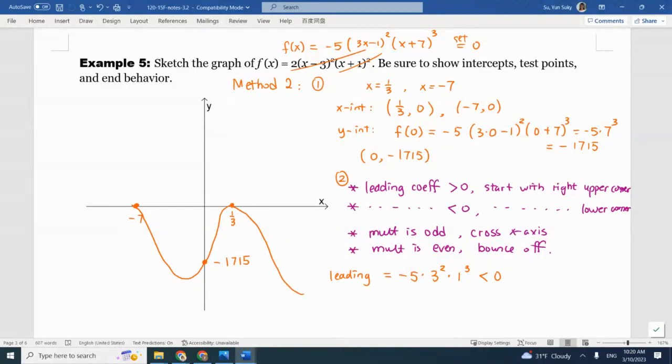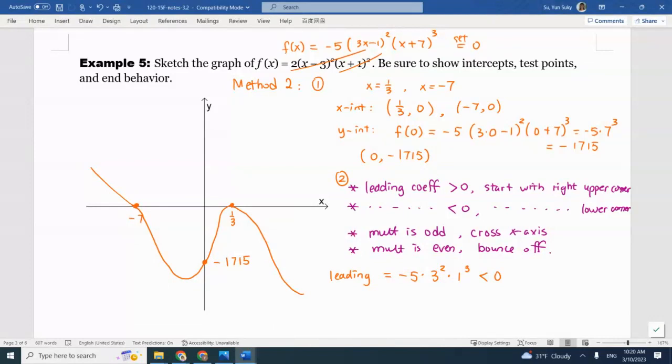Okay. How about -7? -7 corresponds to the factor x plus 7. So do we bounce up or cross? Cross. Yes. So we cross it like that. So this is the sketch of the graph.